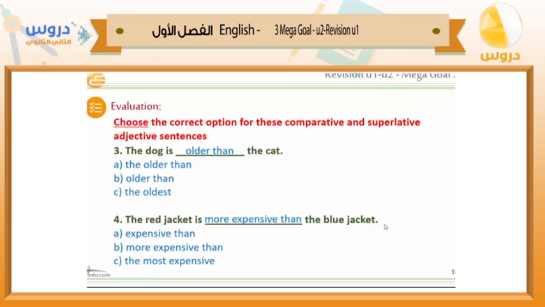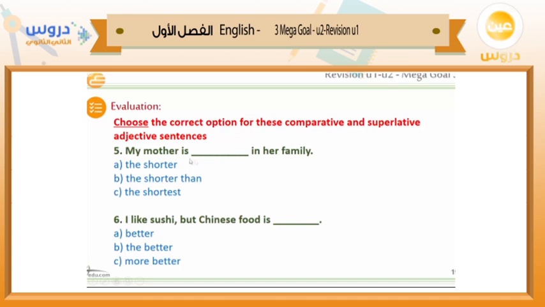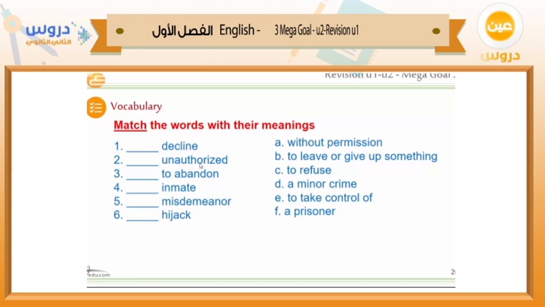More expensive than. Next, my mother is shorter than, the shortest in her family. The shortest. 6. I like sushi, but Chinese food is better, the better, more better. Better. Excellent.